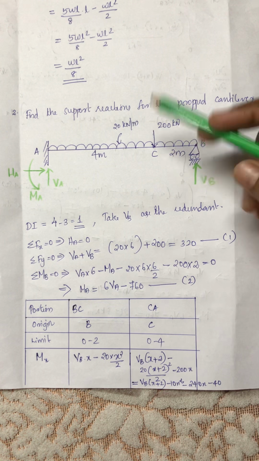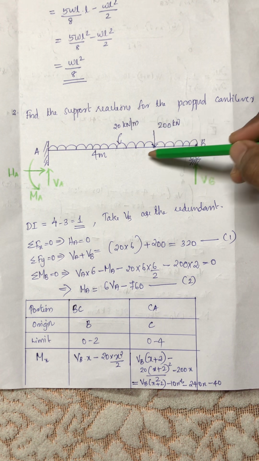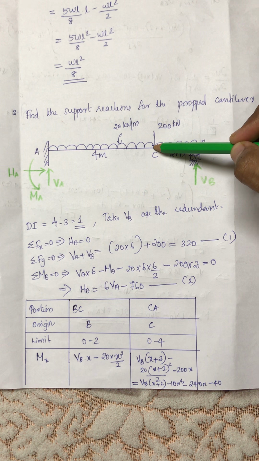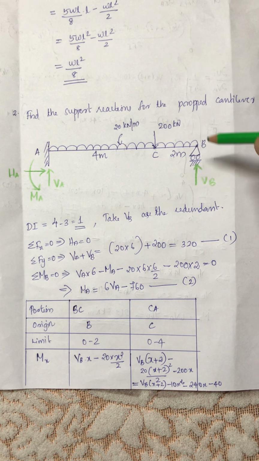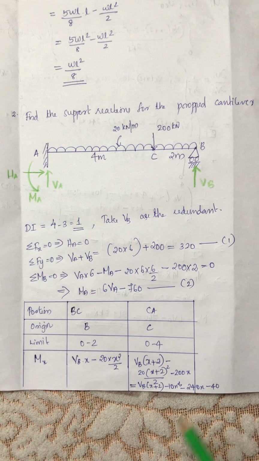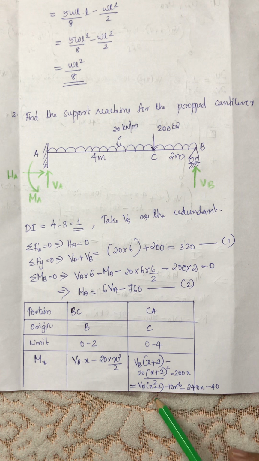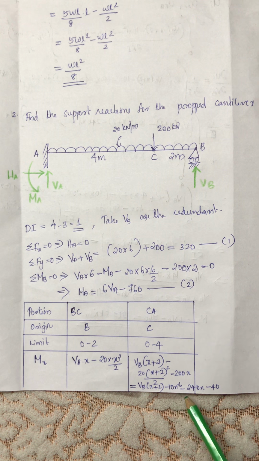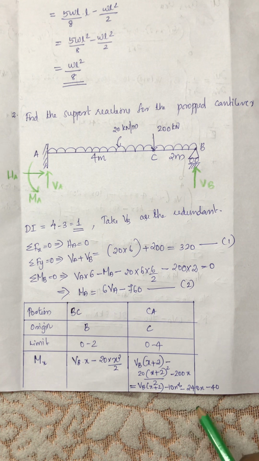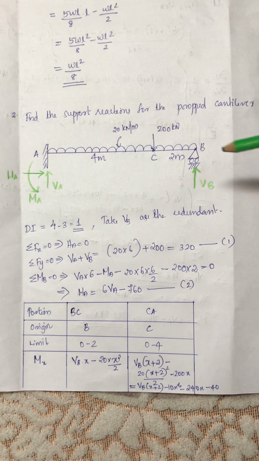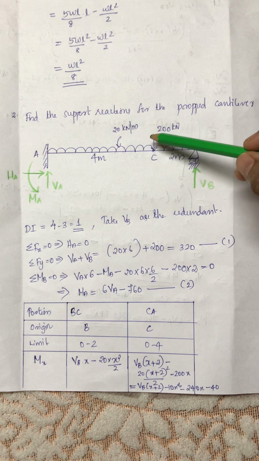Okay, now consider a section line at a distance h from the support C, from the point C. Now take the moment, that is VB into 2 plus h, then minus 20 into (h plus 2) the whole square by 2 minus 200h, and we will get it as VB into (h plus 2) minus 10h square minus 240h minus 40. So this is the equation for MH for the span BC and for CA.